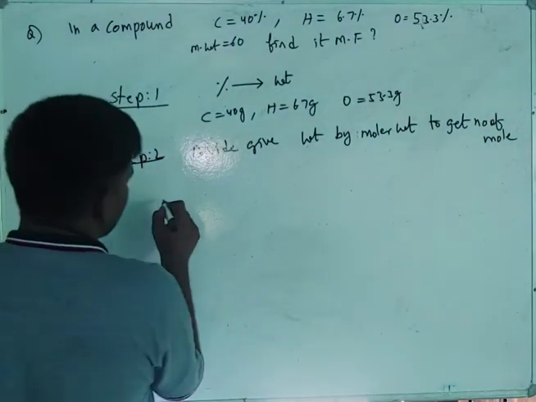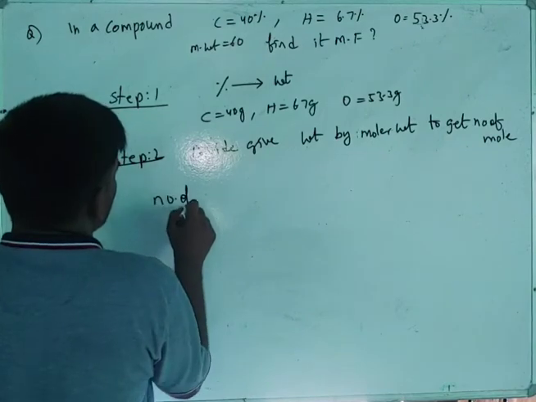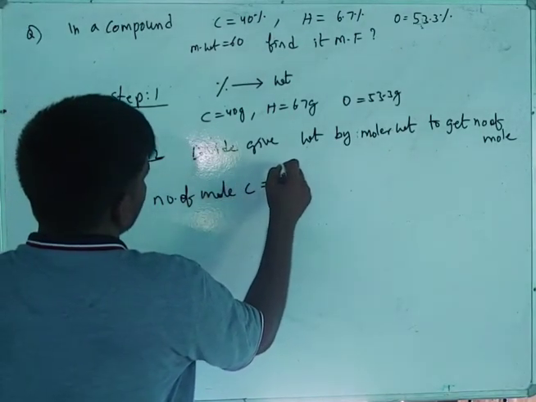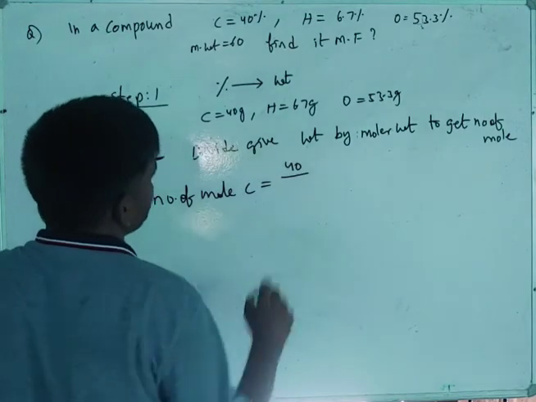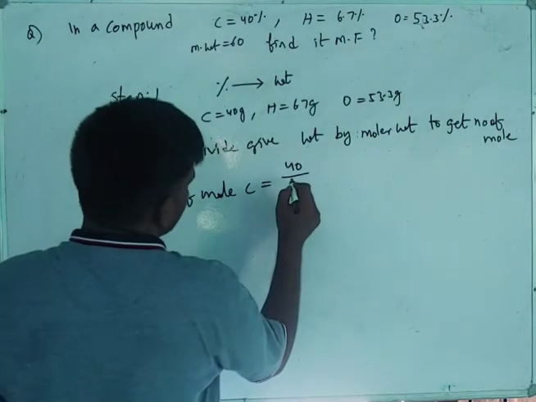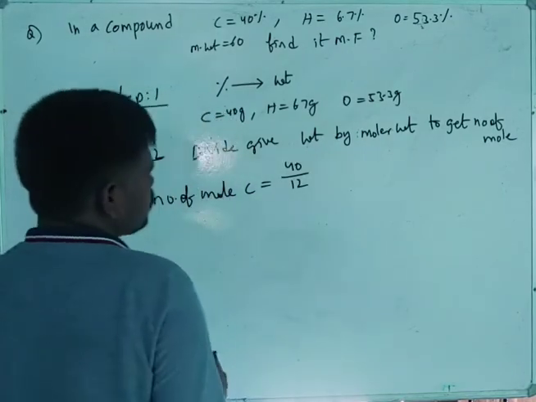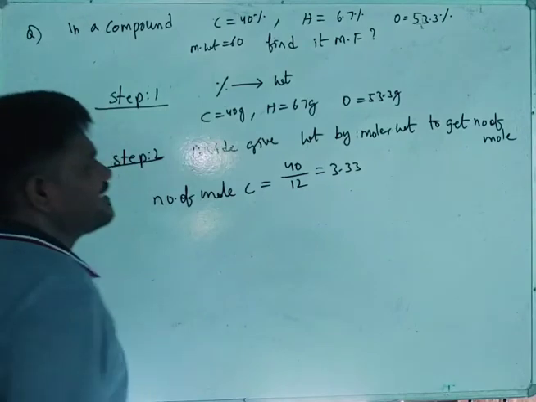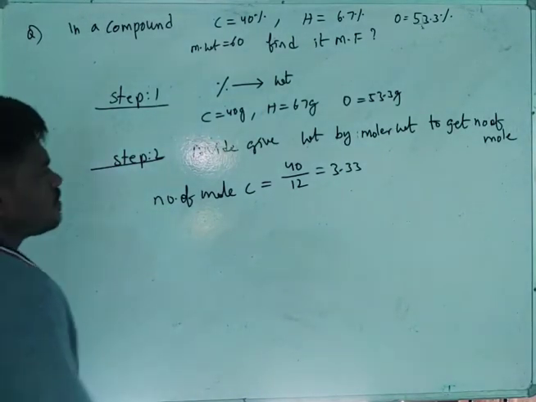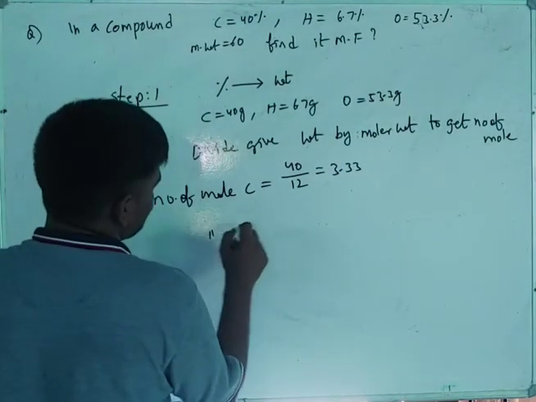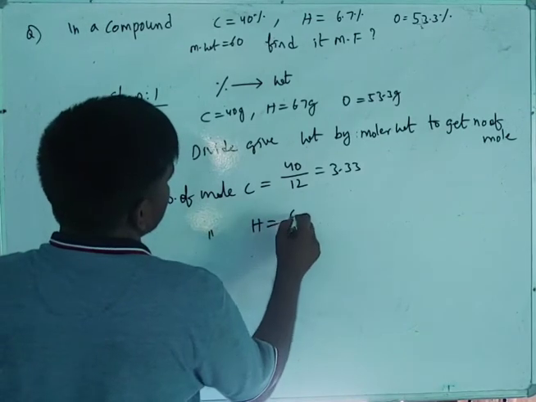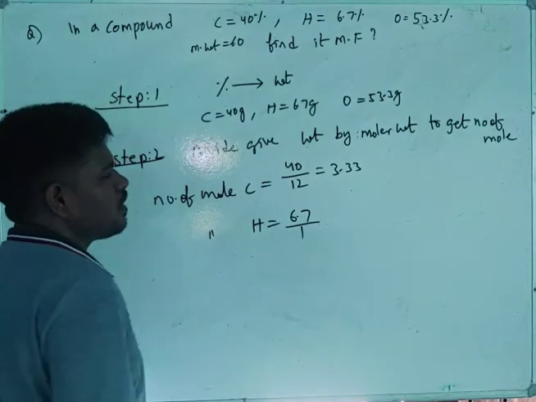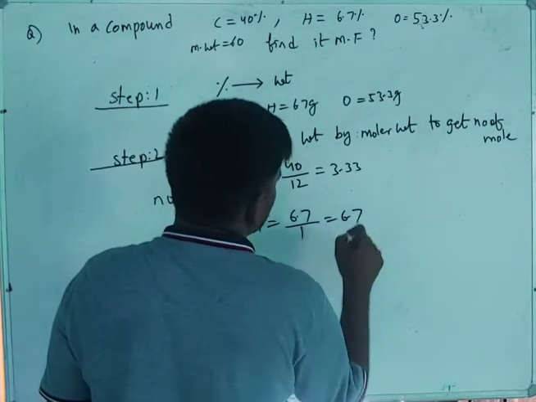First let me take carbon. Number of moles of carbon is equal to given weight, that is 40, by molar weight. Molar weight is 12 grams. So which is equal to approximately 3.33. Next, number of moles of hydrogen: 6.7 grams by molar weight of hydrogen, 1 gram, is equal to 6.7.